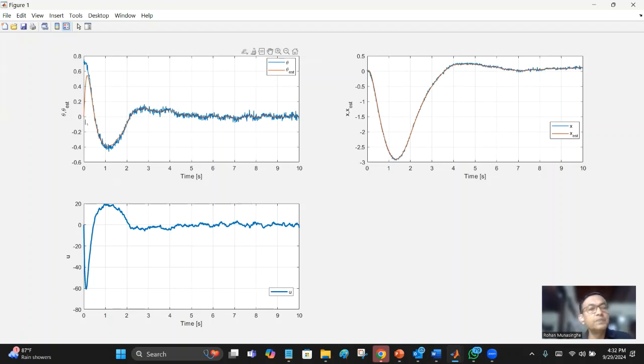You can see the pole angle. There's an initial deflection over here, and the Kalman filter estimate is the amber color one because it starts with 0, but immediately it follows the actual data.